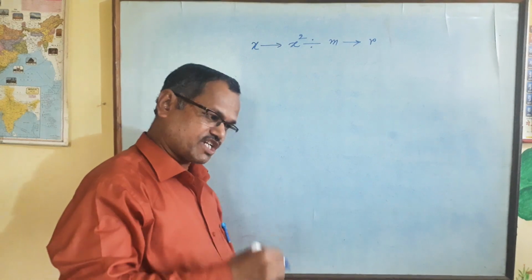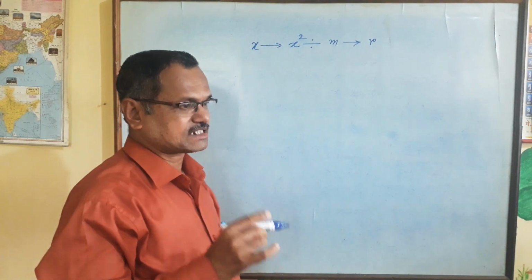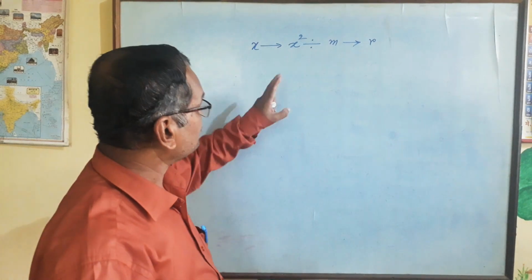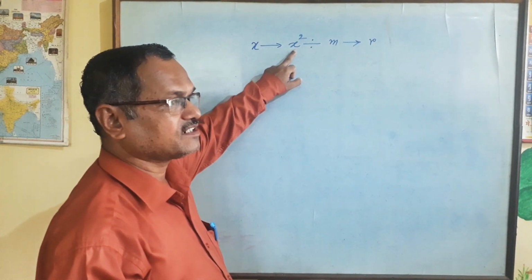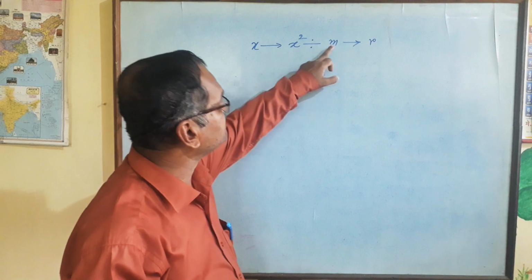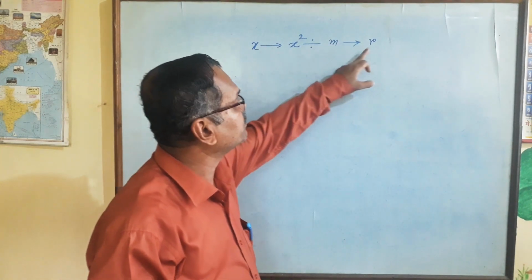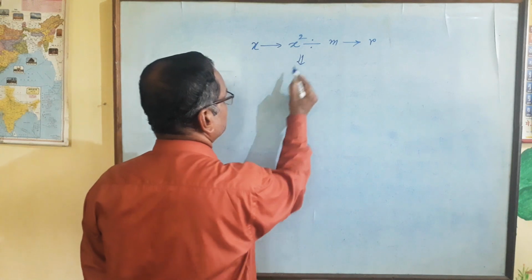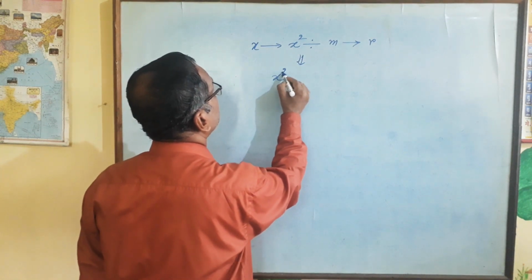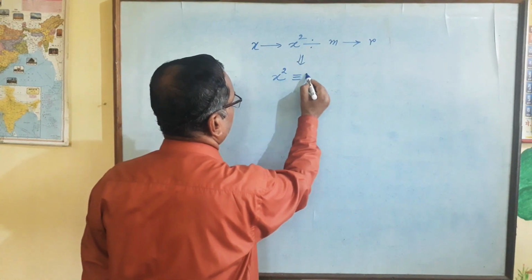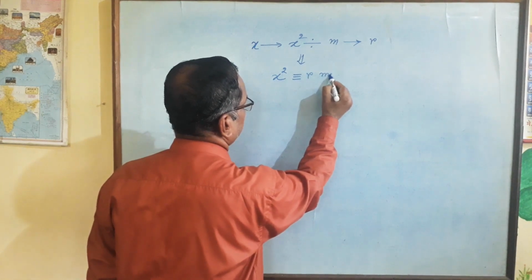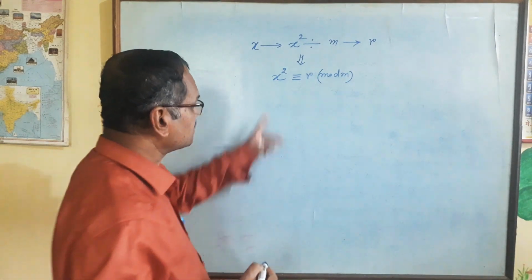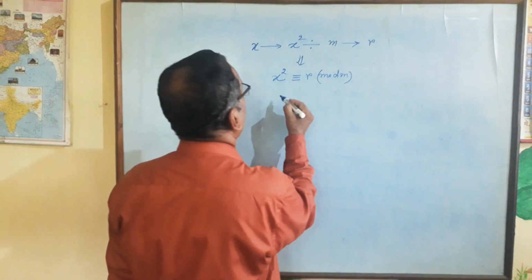Actually we get a quotient also, but our concern is with the remainder, not the quotient. That means whenever the square of an unknown number x is divided by m, we get remainder r. Then this is written in symbol form as x square congruent to r mod m. It is called a standard quadratic congruence.